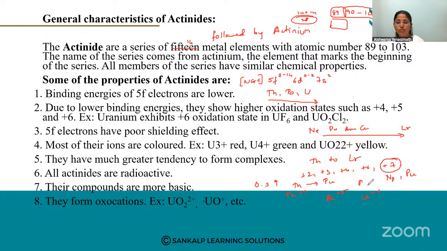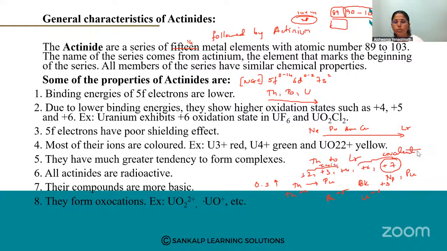From berkelium onwards, only the +3 oxidation state is possible. In lower oxidation states, the compounds are ionic. But in higher oxidation states, the compounds are covalent.